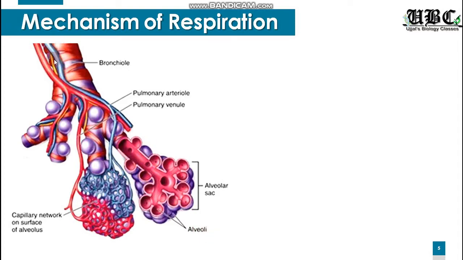As we can see, the entire alveolar structure is surrounded by blood vessels. We have the red one that is carrying the oxygenated blood, and the blue one which has the deoxygenated blood, or carbon dioxide rich blood.